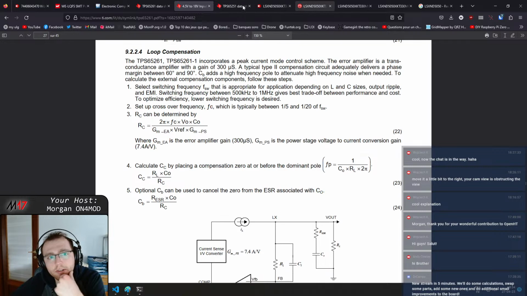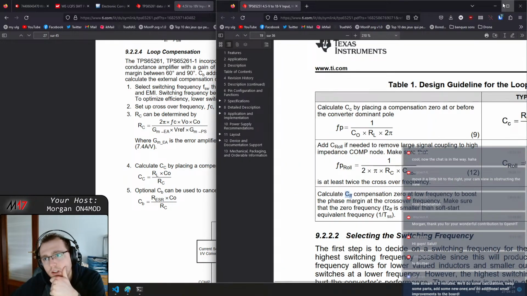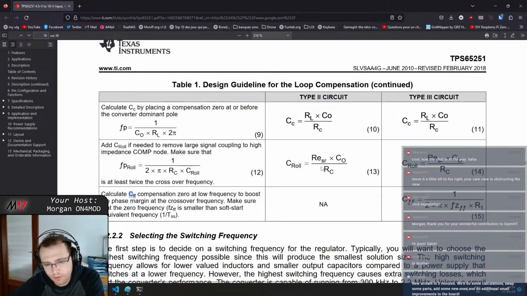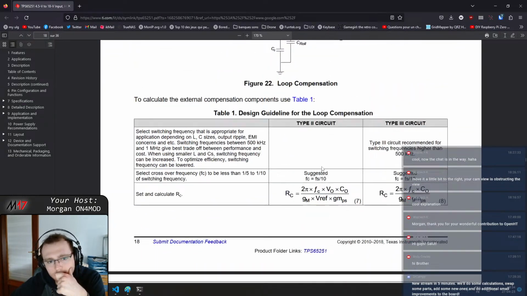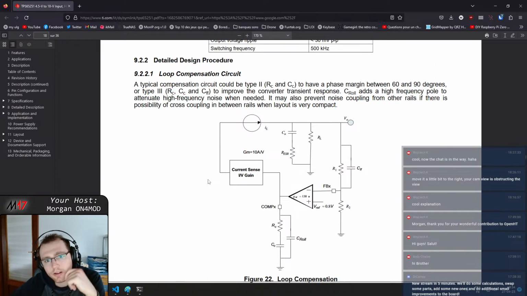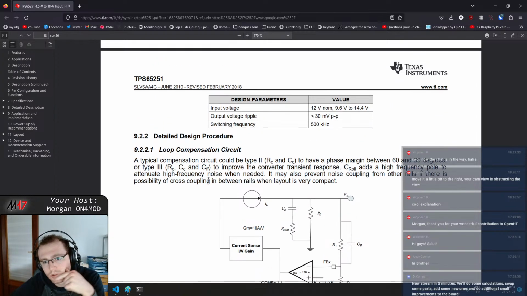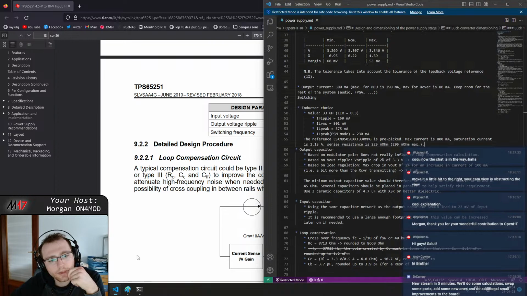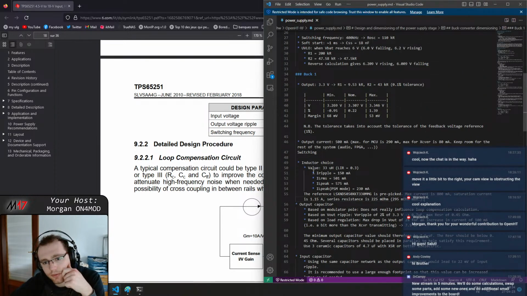So what I'm interested in is trying to see what they recommend for the RL. But I think it's gonna be the equivalent resistance of our system at the designed load. So in my case, I designed it for buck 1 output current 500 milliamps.